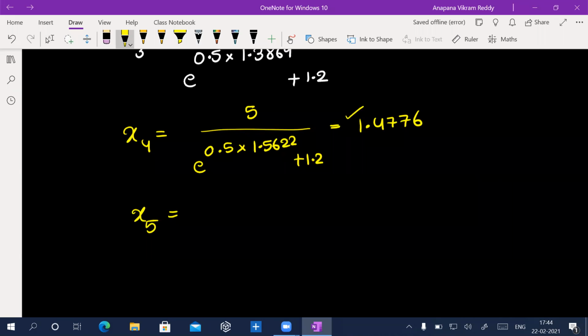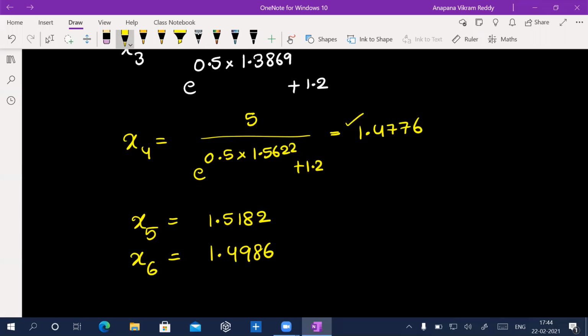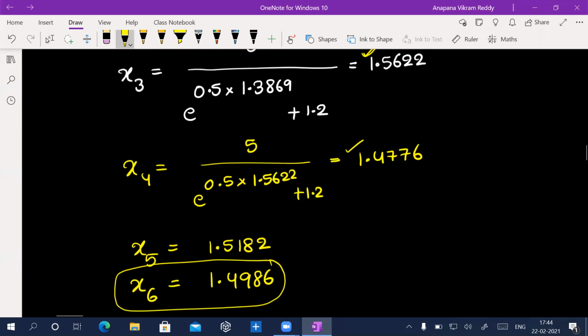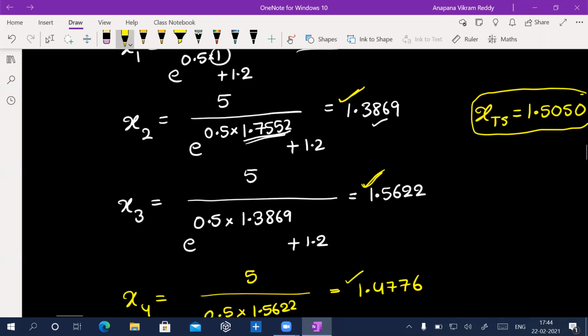you go to x5. So x5 is equal to what here? If you do, you will get something like 1.5182. So on, if you go for x6, you will get something like 1.4986. Can you confirm this now? This is somewhat okay when compared to the remaining iterations.